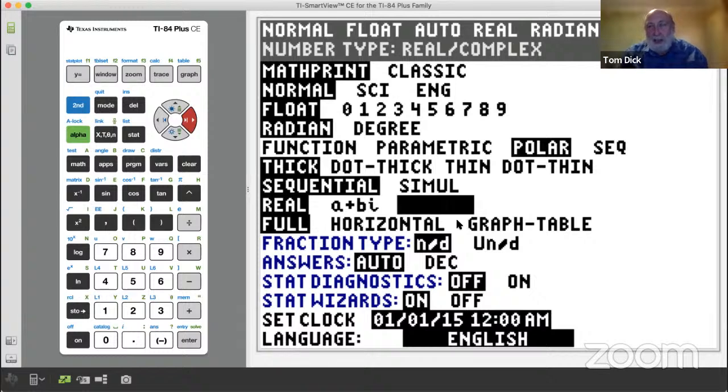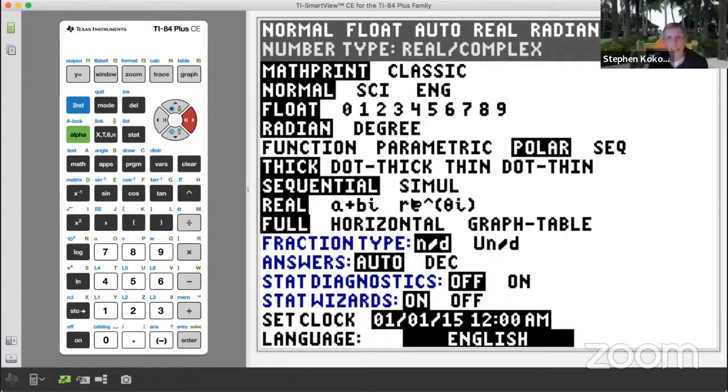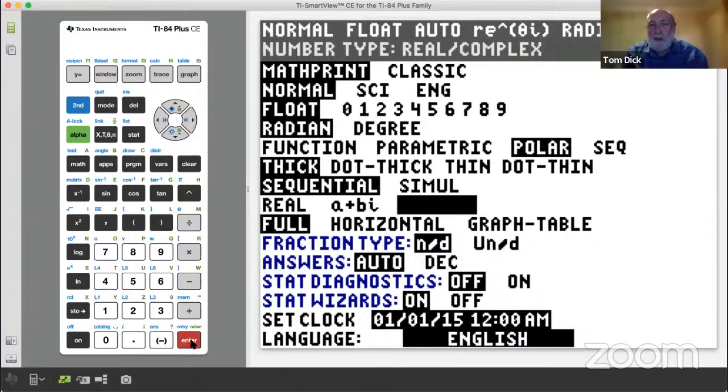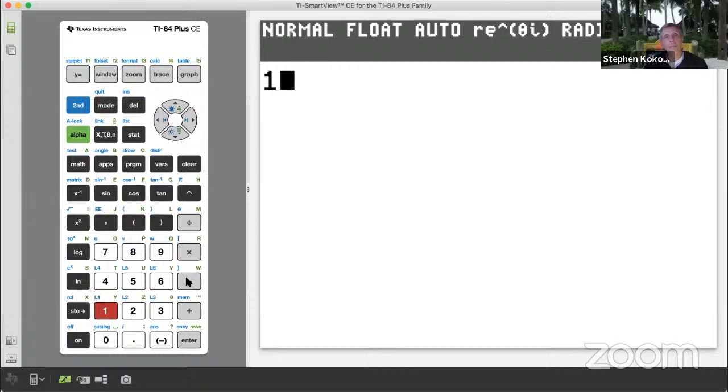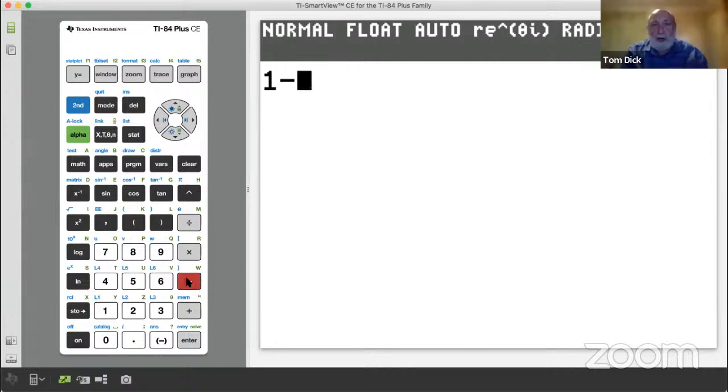I think the key thing is you can still read off the r and the theta from this form. And I just wanted to demonstrate what that would look like. I'm going to change that to re to the i theta. Then I'm going to go back to the calculator screen and enter the complex number that you just entered in: 1 minus i.